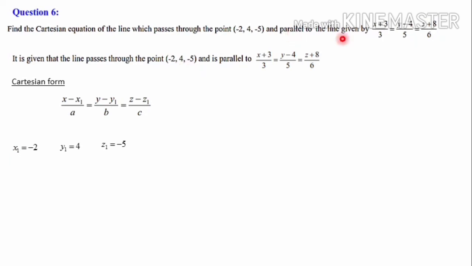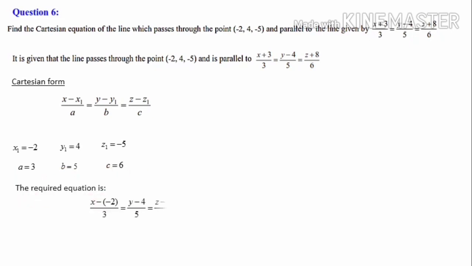And here the vector is not given but a line is given to you. Since they are parallel to the line, their direction ratios we can take the same, 3, 5 and 6. That is a is equal to 3, b is equal to 5 and c is equal to 6.